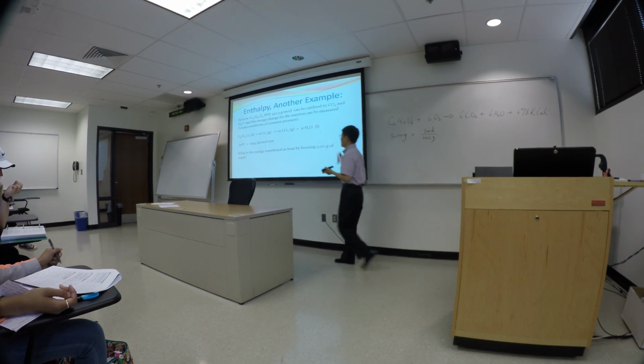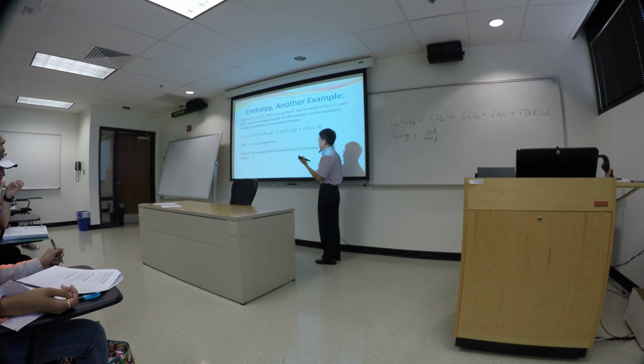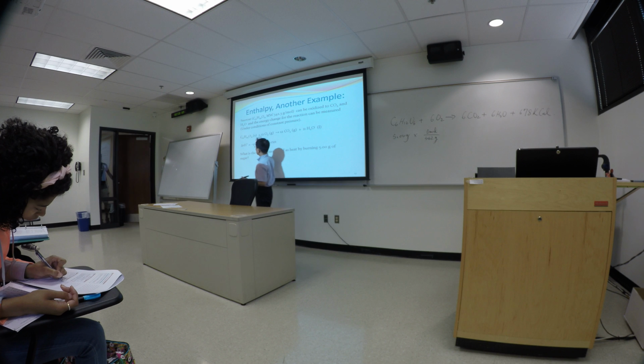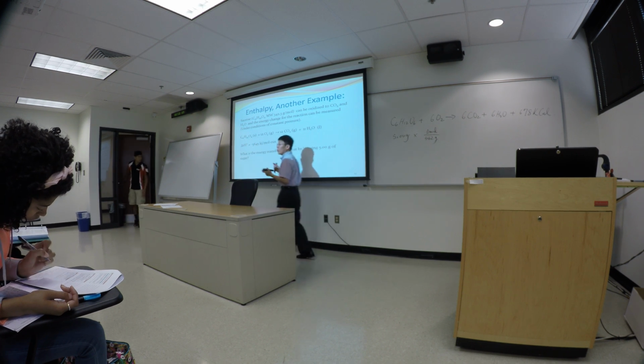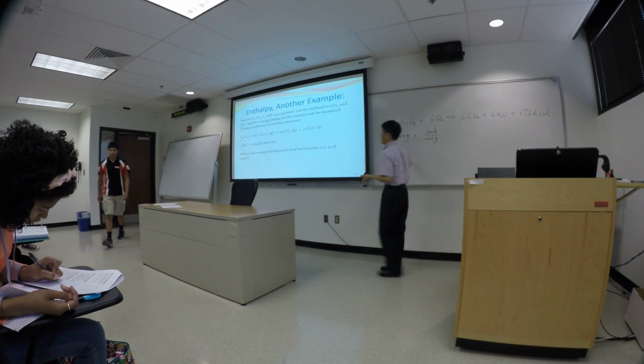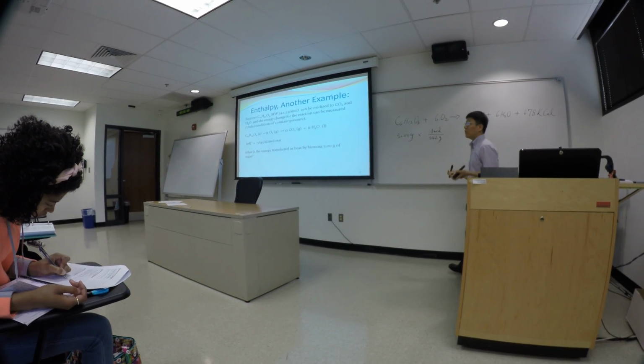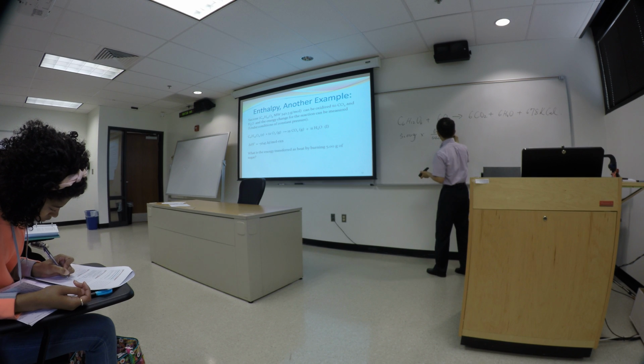We can't use mass directly in a chemical reaction, because the coefficients represent the molar ratio. So we want to convert the mass into moles first, and then identify the conversion factor for the energy.